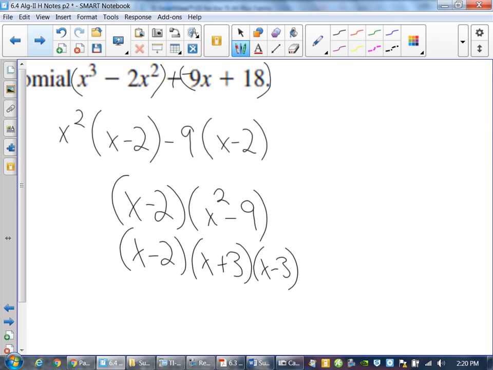What way are your tails moving on this one? Do your dance moves. Which way do the tails go? First term's positive, exponent's odd. Which way are the dance moves? Down, up. So I know that these have to be down, up.